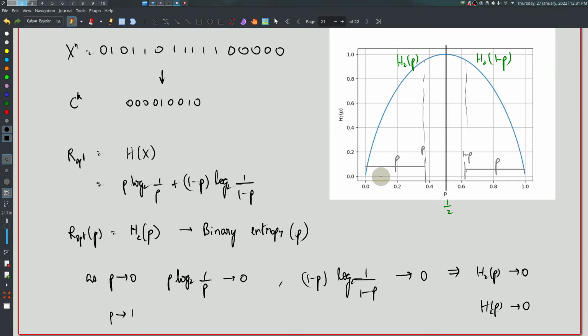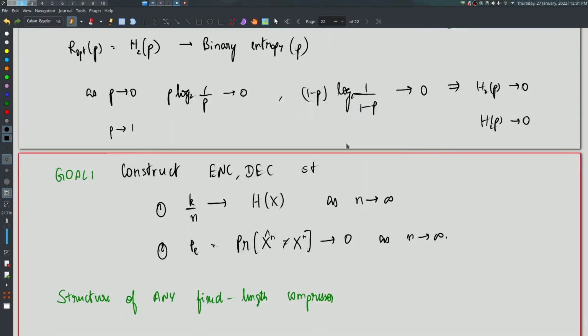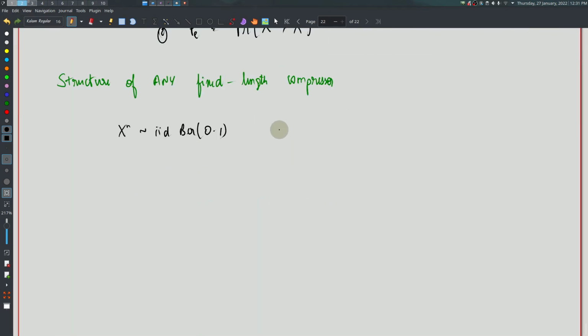For 0.1, this is somewhere around 0.4 or so. So h2 of p, or h of x, is something around 0.4. Let's say it is 0.45 for convenience. Okay, so h2 of 0.1 is, let's say, 0.45.